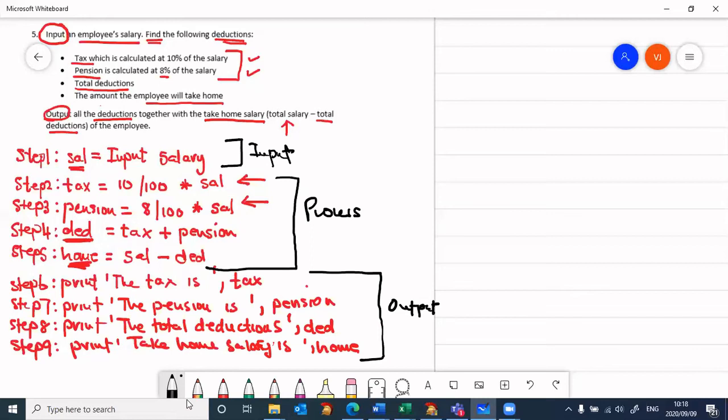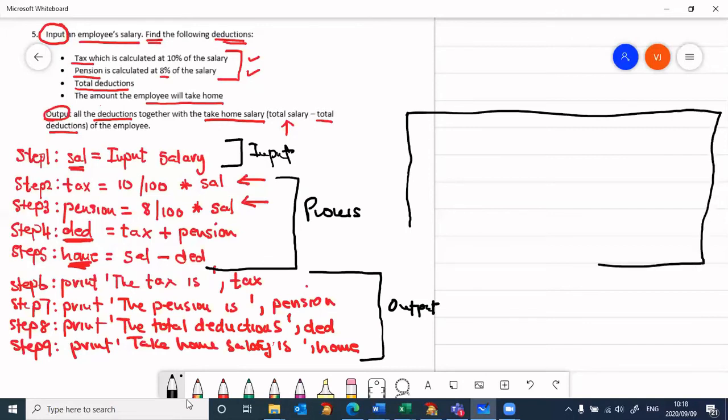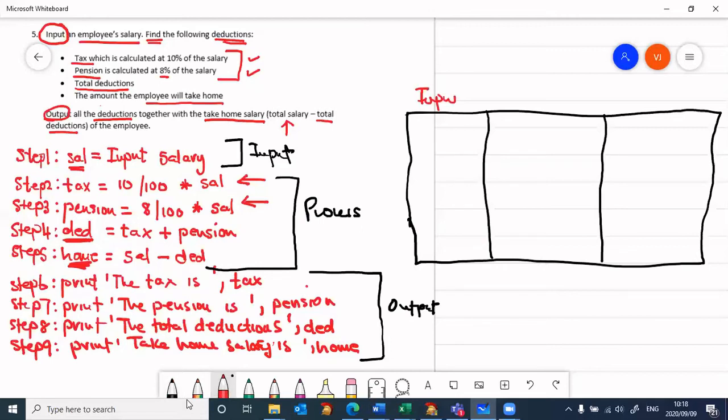Finally, let's draw the IPO to test the validity of this algorithm. So here, I'm going to create 3 columns. One's for my input, one's for my process, and one for my output. So this is my input, process, and my output.